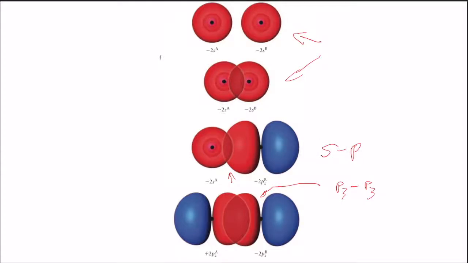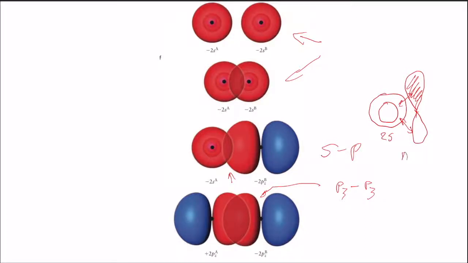You might say, well, what happens with the other orbitals? For example, if I have a 2s orbital, and then I have a px or py orbital, we find that here you would have some bonding interaction, but here you would have anti-bonding interaction.